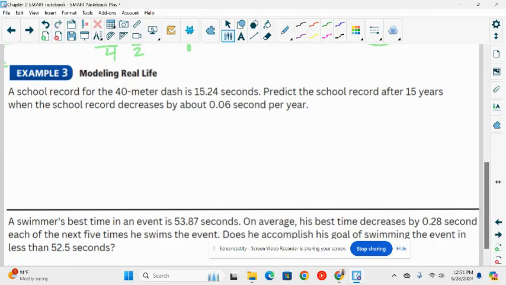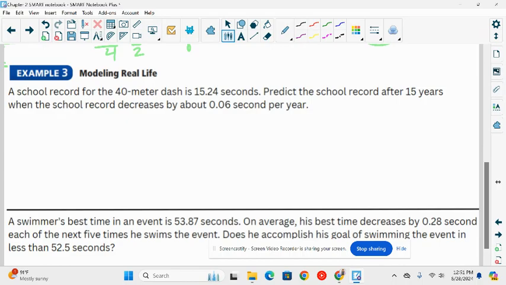A school record for the 40-meter dash is 15.2400 seconds. Predict the school record after 15 years when the school record decreases by 0.06 of a second per year. What are we going to do, Mackenzie? You have to multiply 0.06 by 15.